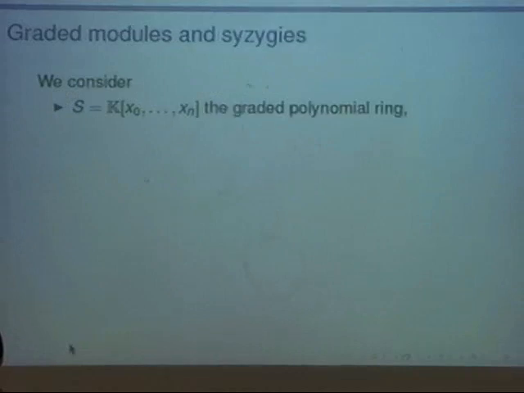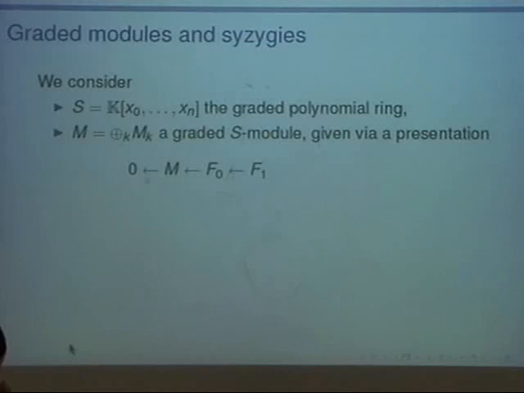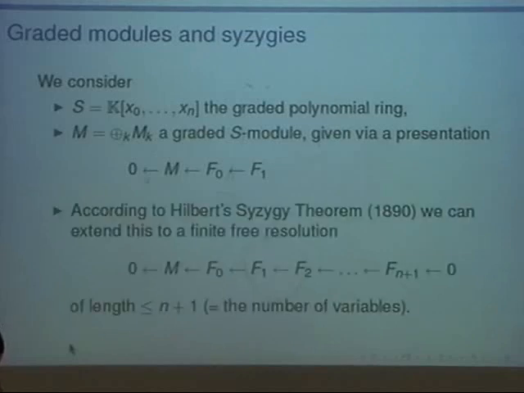I start really slow and prove this for you, up to the syzygy theorem. If you have a graded polynomial ring with variables x0 up to xn and a graded module, say given by a presentation, then we can compute a finite free resolution of length at most n plus 1. We can continue this presentation to a free resolution, where n plus 1 is the number of variables.